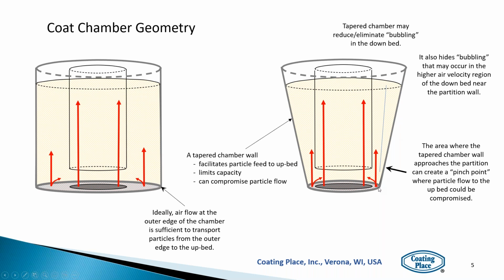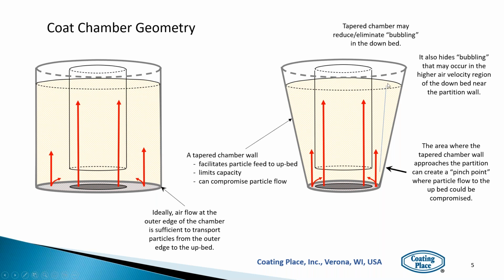A tapered chamber basically uses gravity to physically feed particles back toward the center, so there's less requirement for fluidizing air in that lower part of the bed. Essentially, the particles almost feed directly into the up bed. I've heard comments from people that often they never see any bubbling in the bed with a tapered chamber, and quite often we do see it with the cylindrical chamber.